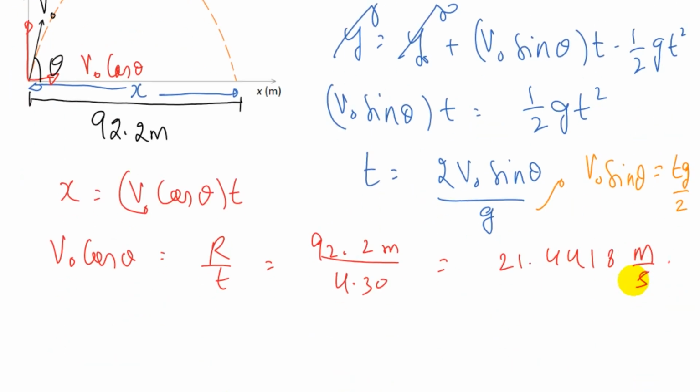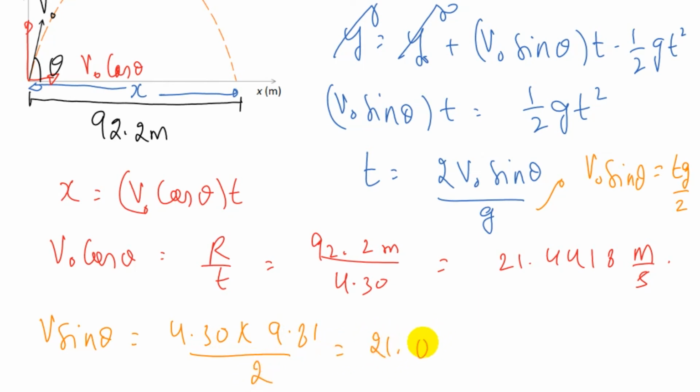So v0 sine theta is 4.30 times 9.81 divided by 2, which equals 21.091. Let this be equation number 1 and this be equation number 2.